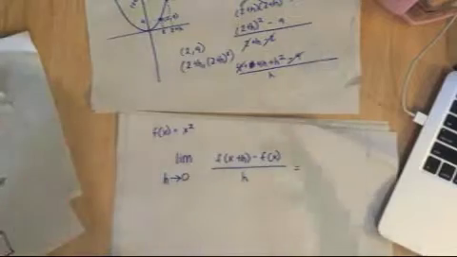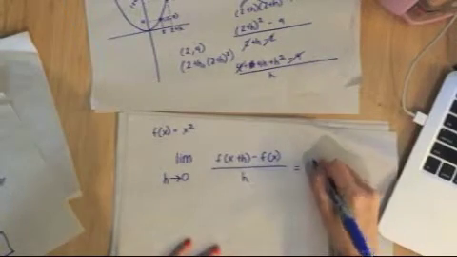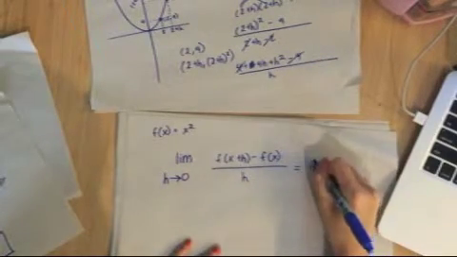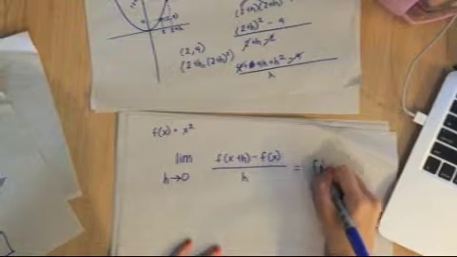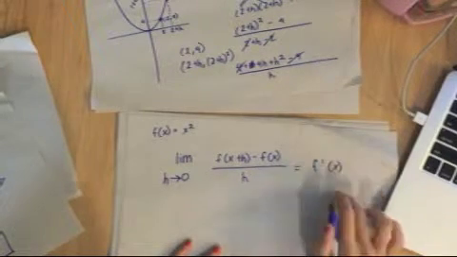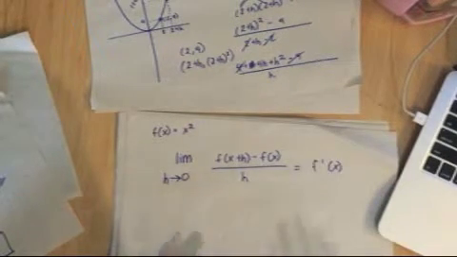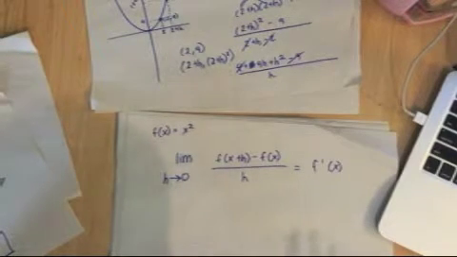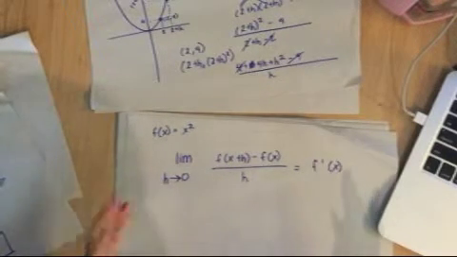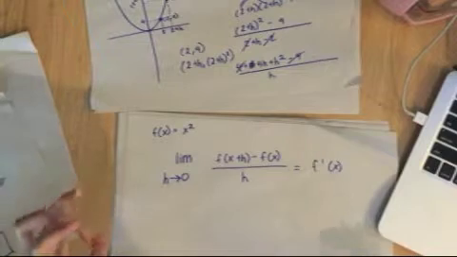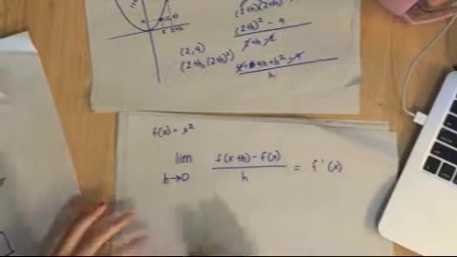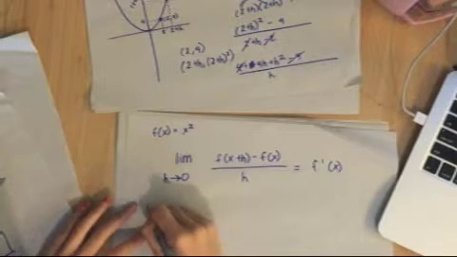And the notation for a derivative, one of many notations, would be f prime of x. This is your derivative. So essentially now we are looking for a derivative, a formula that will give us the slope at any point along the curve.